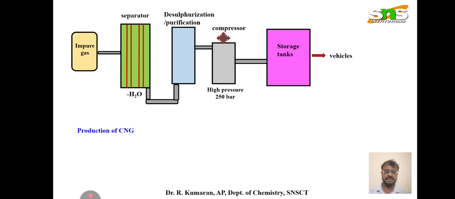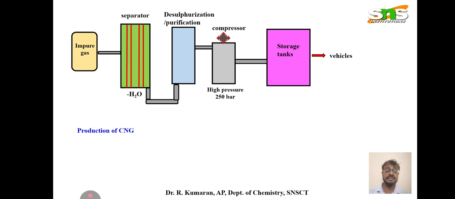This simplified picture denotes the production and working mechanism of CNG. First, impure gas is fed in, then the impurities, especially water vapors, are separated through the condenser, called the separator here. Then it is passed to the next chamber, where desulfurization happens.